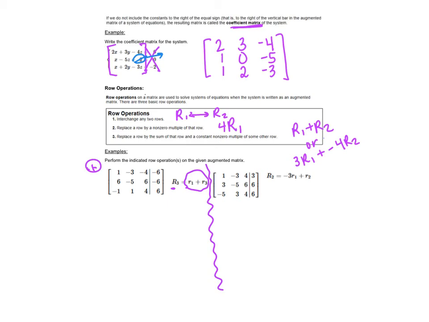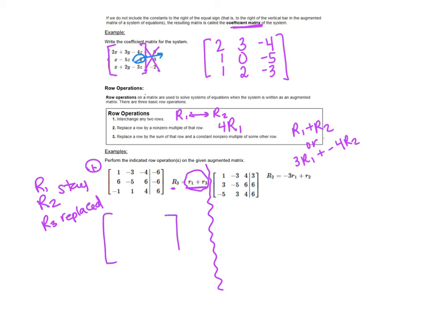What that means is that row 1 and row 2 stay the same, but row 3 is going to get replaced with the answers of adding row 1 and row 3. Let's look at what that might be.